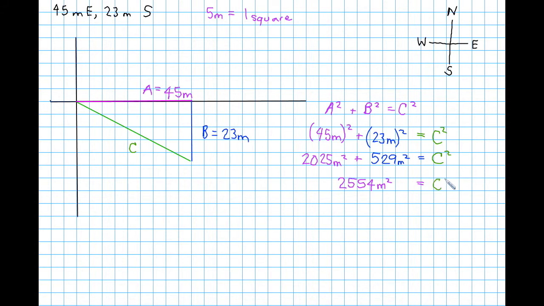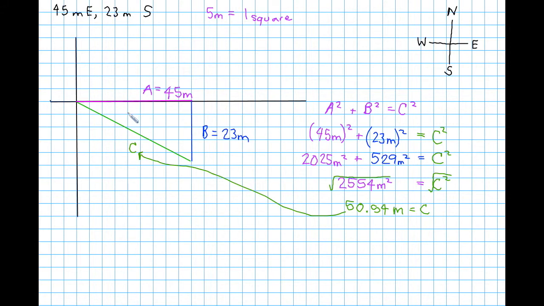And that's equal to C squared. Now I'm going to take the square root of both sides, and I will end up with 50.54 meters is equal to C. And you can see this is longer than either of these two, so that lets you know that it's right, because this is going to be more than the other one.